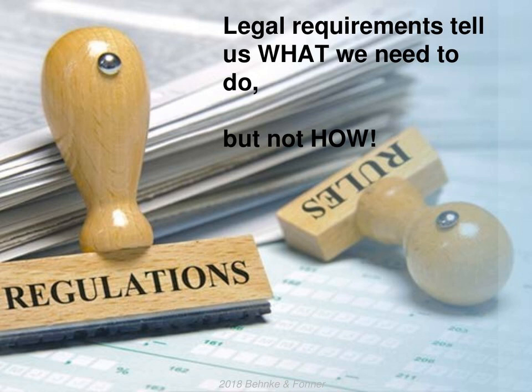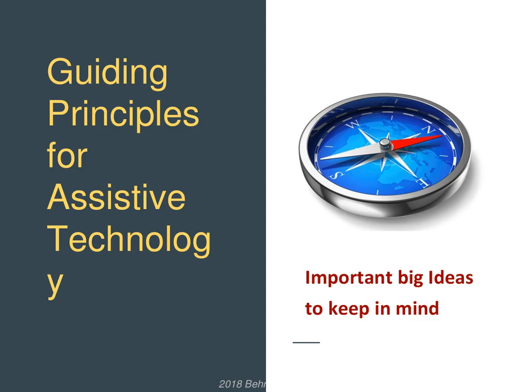Great. So feature match is the service, but we really have all these legal requirements telling us what we need to do, but there's not too many legal requirements telling us how to do that. So we really want to make sure that you get the idea that you know what it is and how to apply the process.